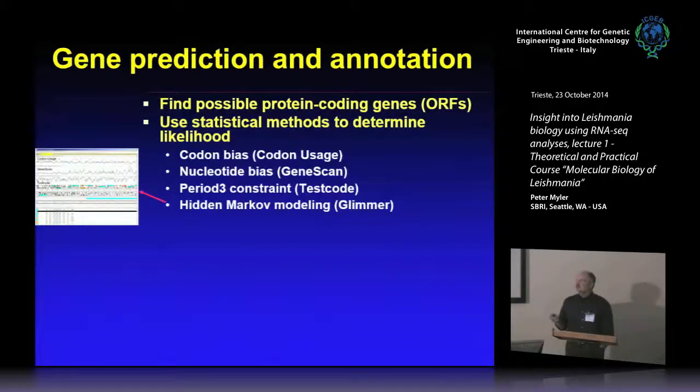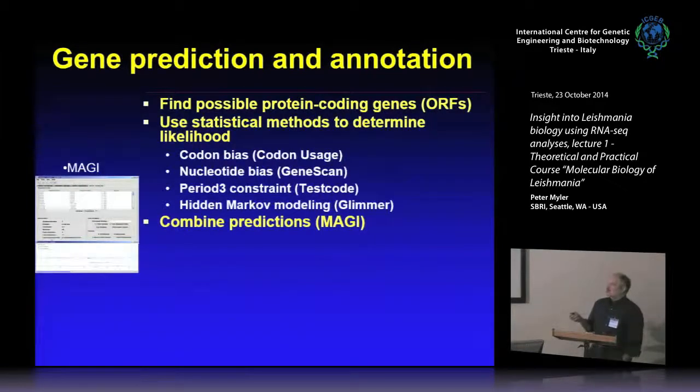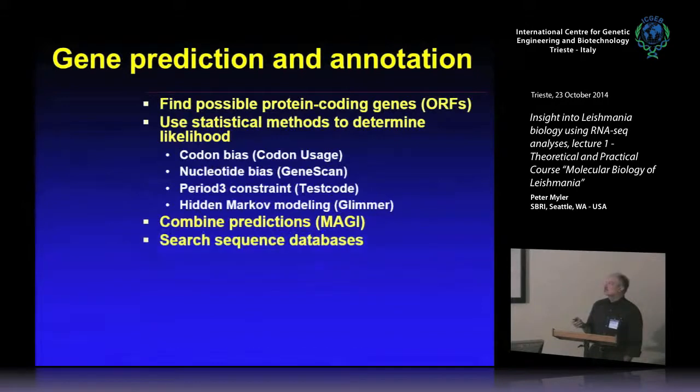So I like to use all 4 or 5 of these and then do a consensus approach. If 3 out of the 5 say that this is a gene, then we'll call it a gene. And if only 1 out of 5 says it's a gene, we won't call it. And so we built a little program that enables us to do this. It's called Magi. I had a student do that many years ago.